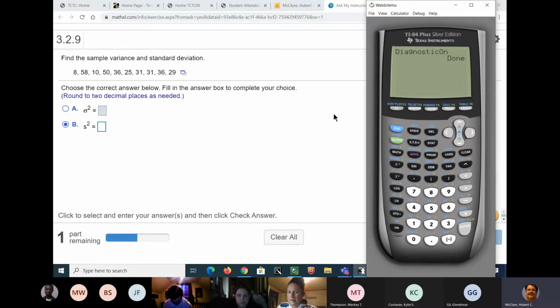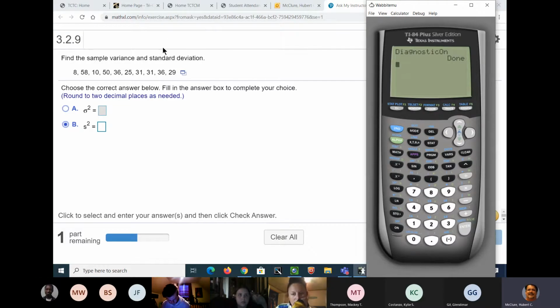Okay, so you said hit second 0, and scroll down to diagnostic on. And when you get to diagnostic on, hit enter and then hit enter again. This enables your calculator to show everything possible on the screen as far as answers go.